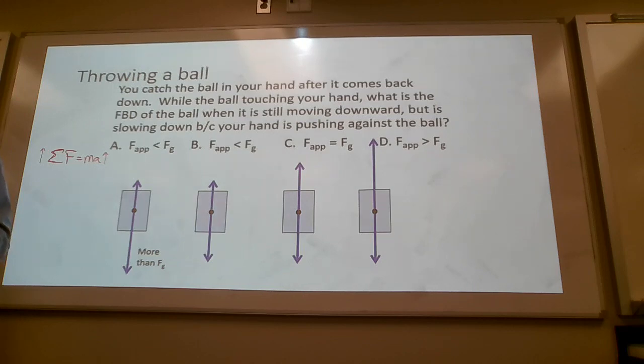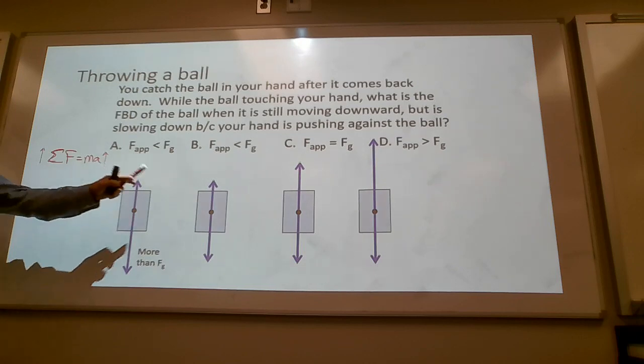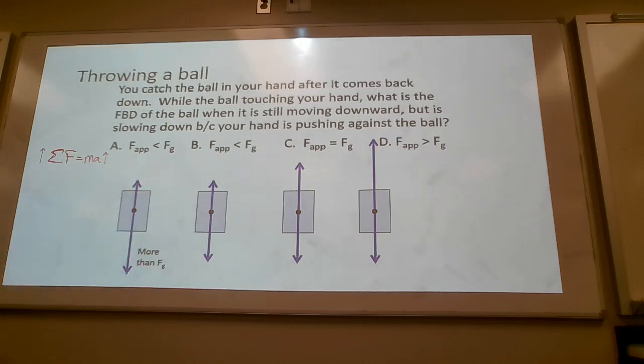How we doing? Okay. So the net force is always in the same direction as acceleration, not the velocity. So if you said B, that was the misconception that just got confronted.